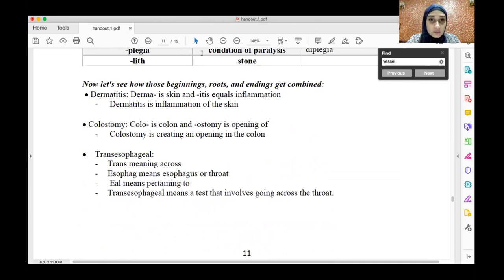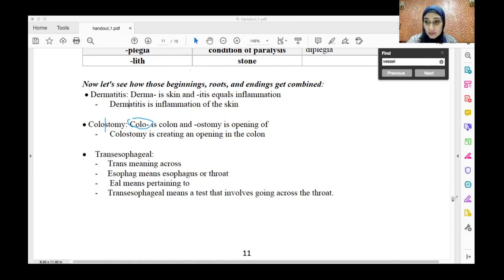We have colostomy. Colo means colon, and stomy or ostomy means opening of. So colostomy is creating an opening in the colon.